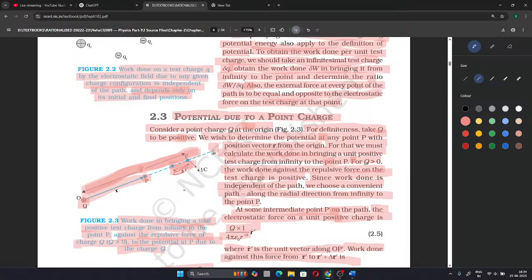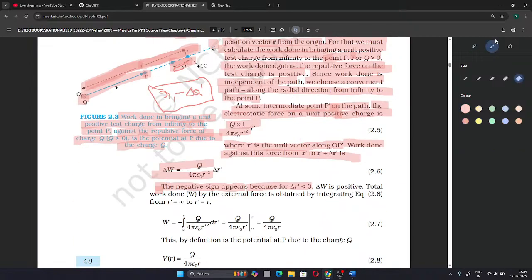So from the initial point, where the position was R', it became R' plus delta R'. Work done is positive.